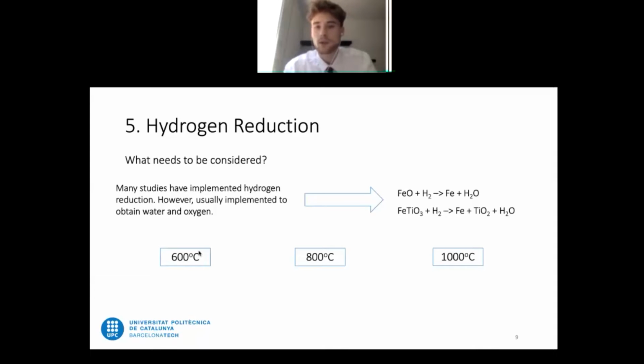This is because all three of these temperatures are known to be able to reduce the lunar simulants, and they have less of an impact with regards to sintering and clumping. With regards to the duration of this reduction, the simulants will be processed at these temperatures for 2 hours, and then they'll also be processed at these temperatures for 4 hours as well.